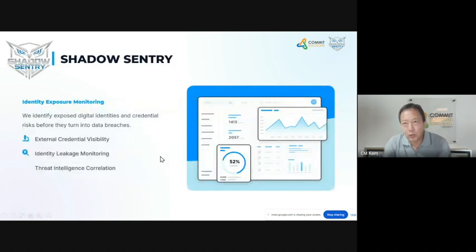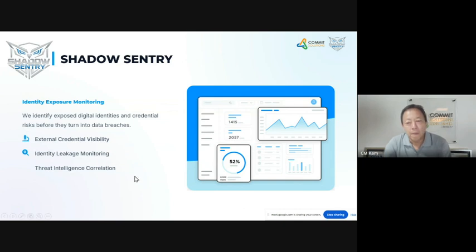Okay, so that's where we come into play. I'd like to introduce Shadow Sentry, right? What we do is we look at external credential visibility, whether we can find things floating around, whether on the surface web or in the dark web, right? So we look at how identity leakage is happening, and we also try to find out the root cause of it, like how it is leaking and where it is leaking from.